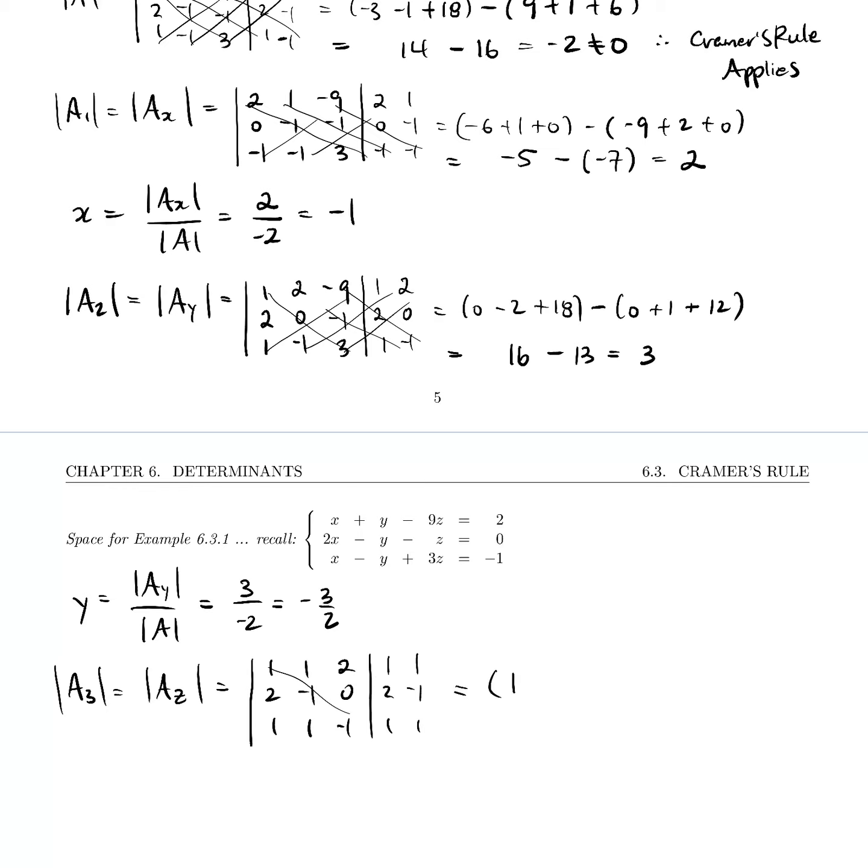So we've got positive 1, 0, positive 4, minus, and here minus 2, plus 0, and this is, what is it now? Minus 2.